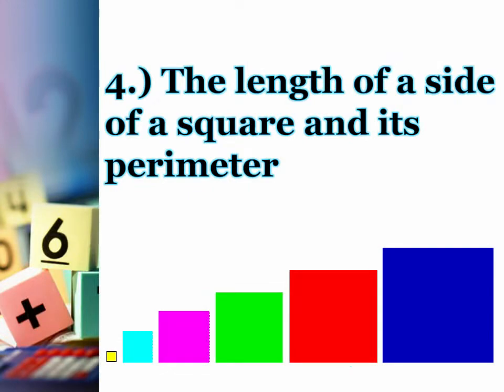The fourth one, the length of a side of a square and its perimeter. You know, if the length of a side of a square is increasing, then the perimeter of the square, which is 4 times the length, is also increasing. So it is a direct proportion.